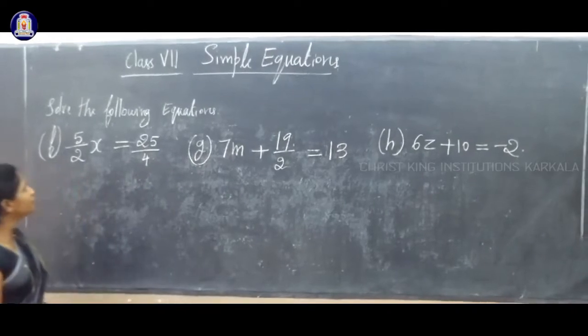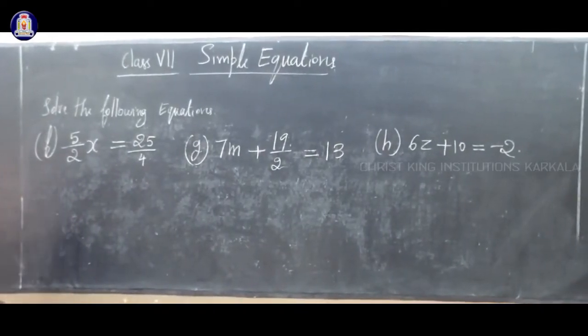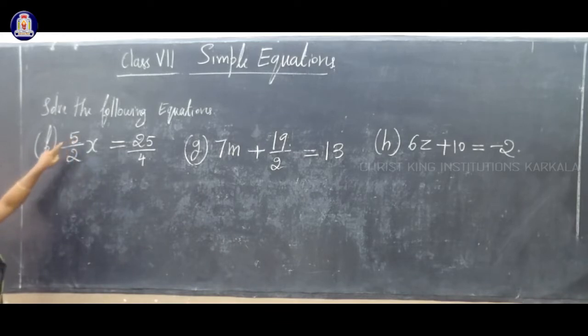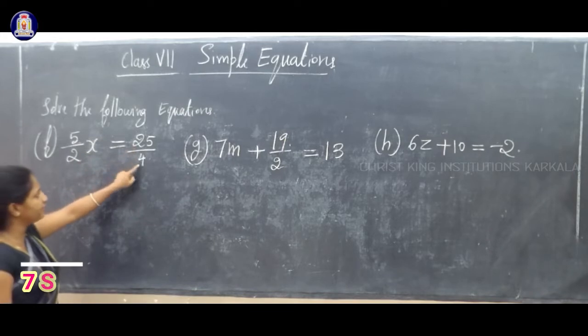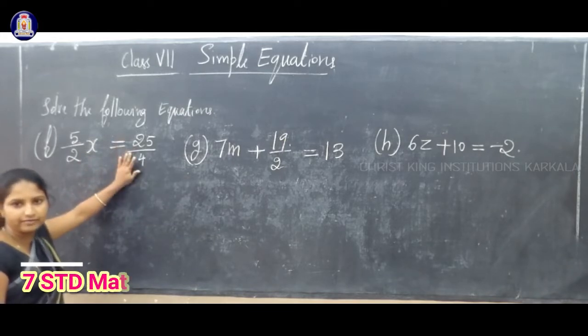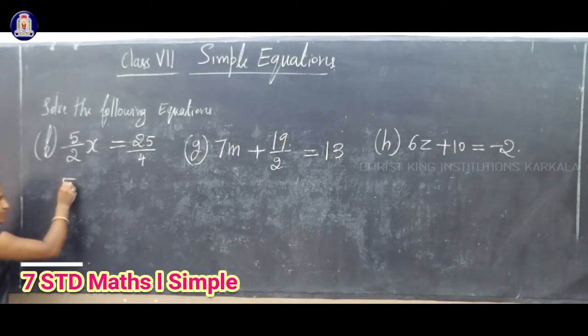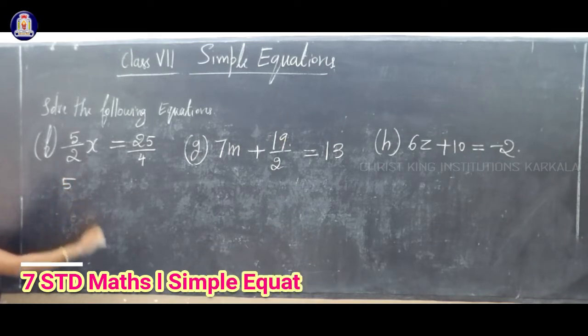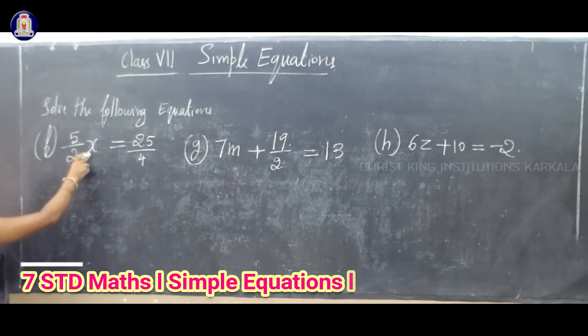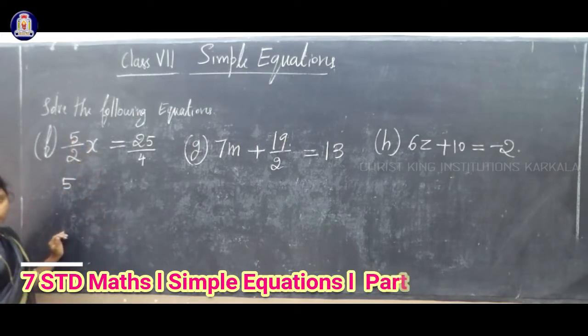Solve the following equations. In part F, the question is (5/2) x = 25/4. Now see the question. On the left hand side it is 5 by 2 into x. That means x is multiplied to the numerator.